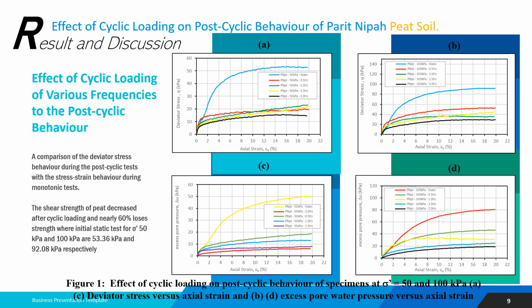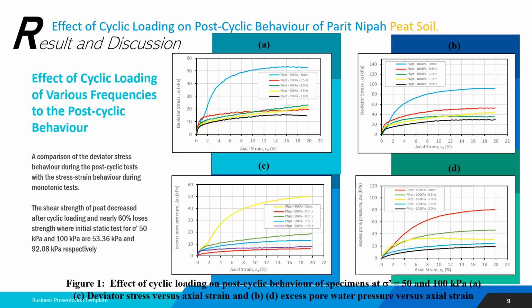As you can see in this slide, from figure 1, the effect of cyclic loading on post-cyclic behavior of peat soil specimens at 50 kPa and 100 kPa, showing deviator stress versus axial strain and excess pore water pressure versus axial strain. The effect of cyclic loading of various frequencies and effective stresses on post-cyclic behavior has been monitored in these cases.